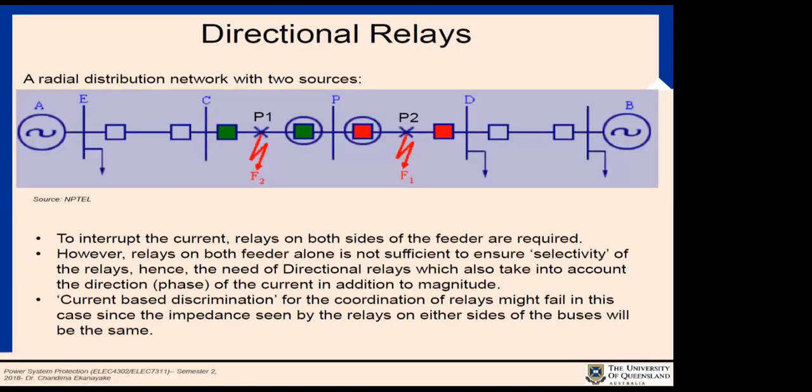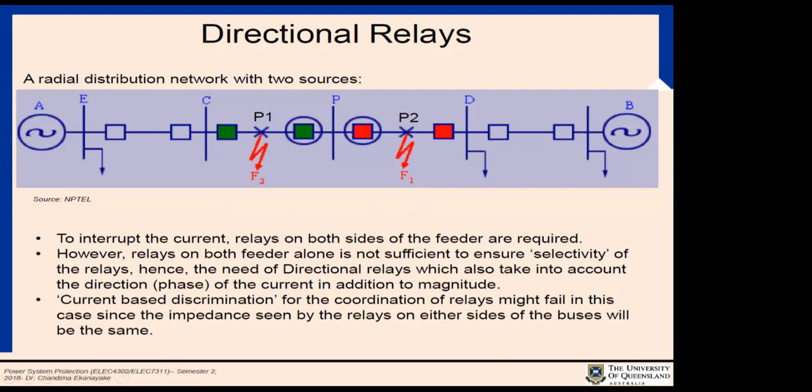For the background of directional protection, I am borrowing a couple of theoretical slides from the YouTube Power System Protection course, where you can see that two interrupters or switchgears are provided, P1 and P2, and faults are happening at two locations, F1 and F2.